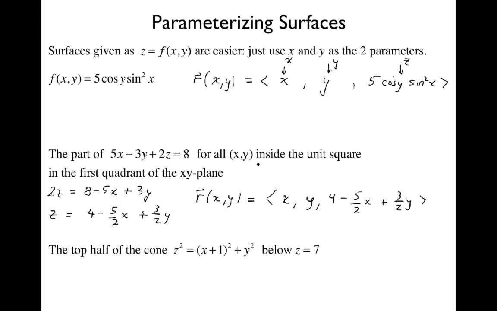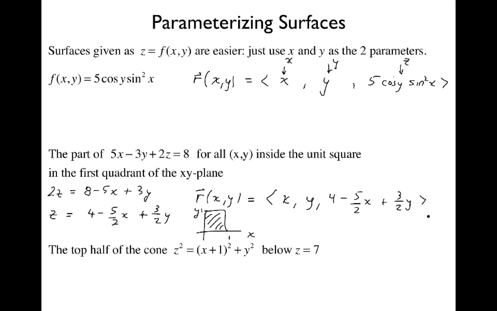Okay, but now it said only for the xy ordered pairs inside the unit square in the first quadrant of the xy plane. So the unit square is from 0 to 1, 0 to 1. So just inside the square then, we'd have to qualify. It doesn't change the definition of the points, it just restricts them.